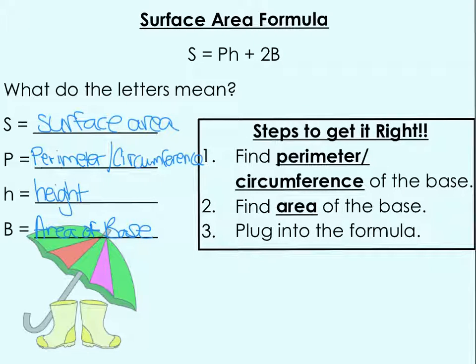Second step, you're going to be finding the area of the base. Again, we're looking at circles today, so we're going to be finding the area of circles. And last but not least, plug directly into the formula. On the surface area for prisms, some of you were starting to square things, but there's nothing squared in here when you're plugging into the formula. So plug in identical to what the formula has.